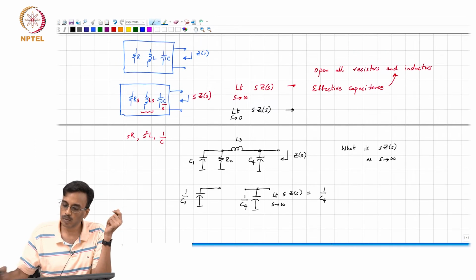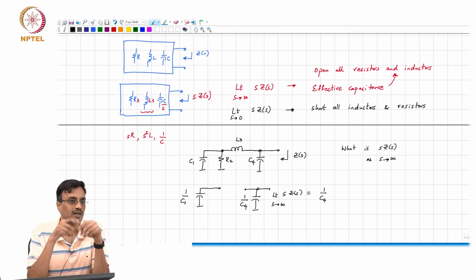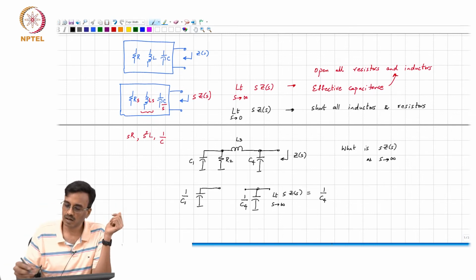So, you basically short all inductors and resistors, and you look at the 1 over, actually there should be 1 over effective capacitance.